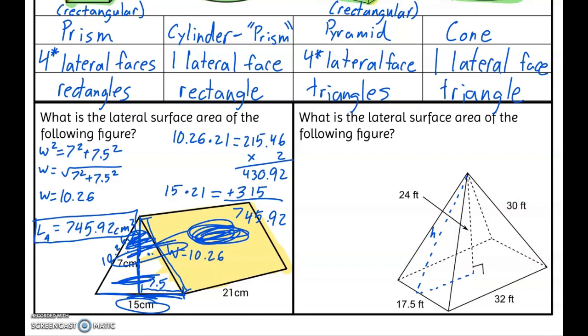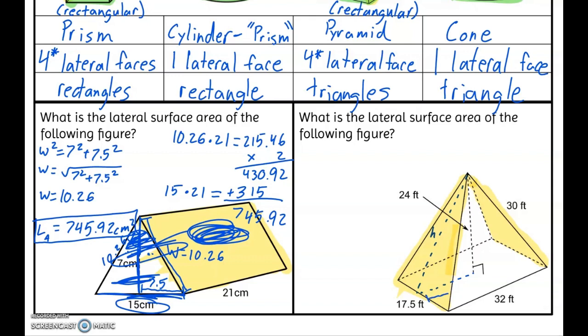So I'm going to go ahead and highlight this one. This triangle right here is what I'm trying to find. And once I find that triangle, I can find the area of this other triangle as well. But before I can find the area of that triangle, I need to find the height of this triangle.